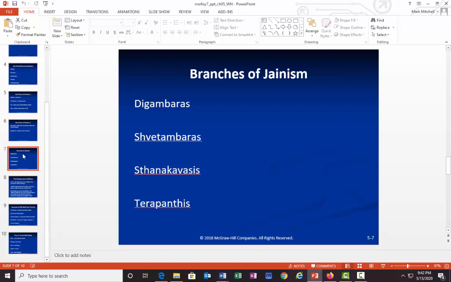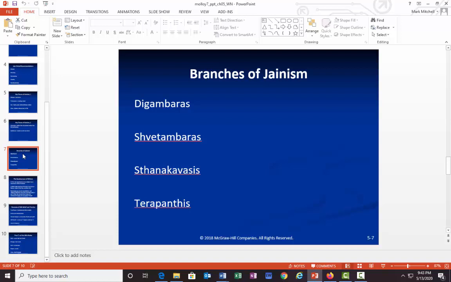Now, with all religions, there are different branches. No matter the religion that you can come up with, there are just different groups who have somewhat different beliefs. We have 4 up here, and I'll make a few comments about them.